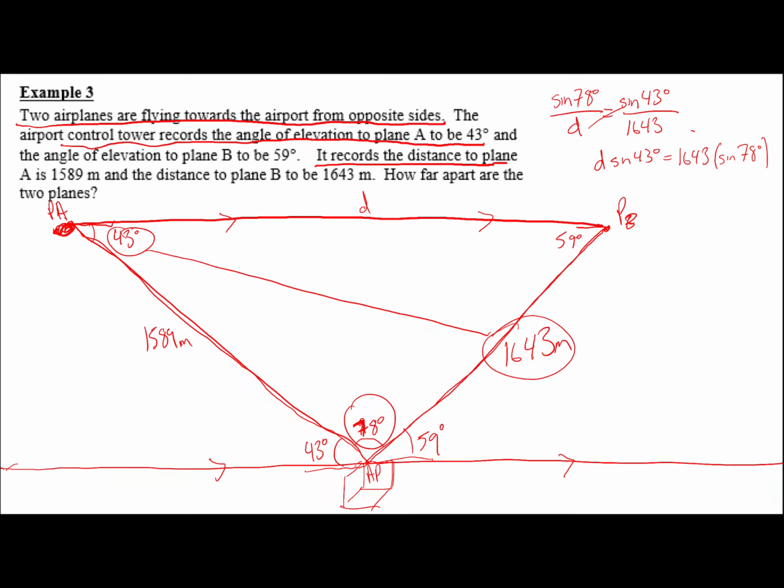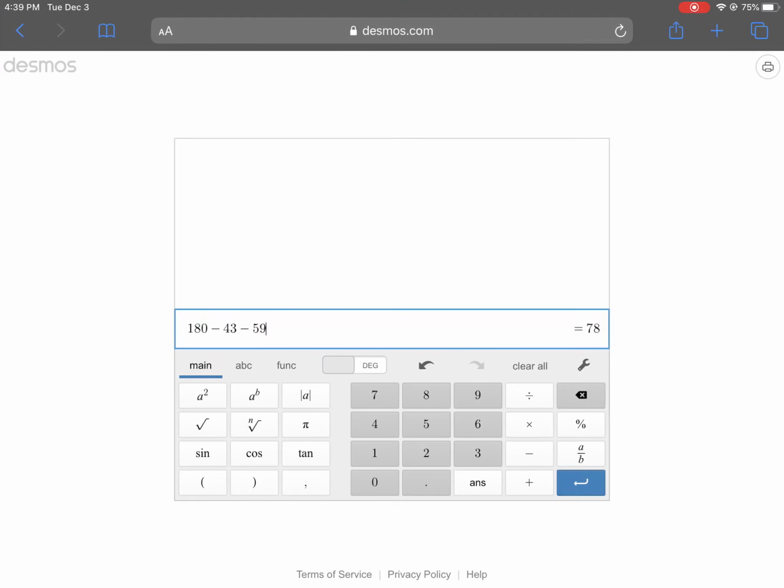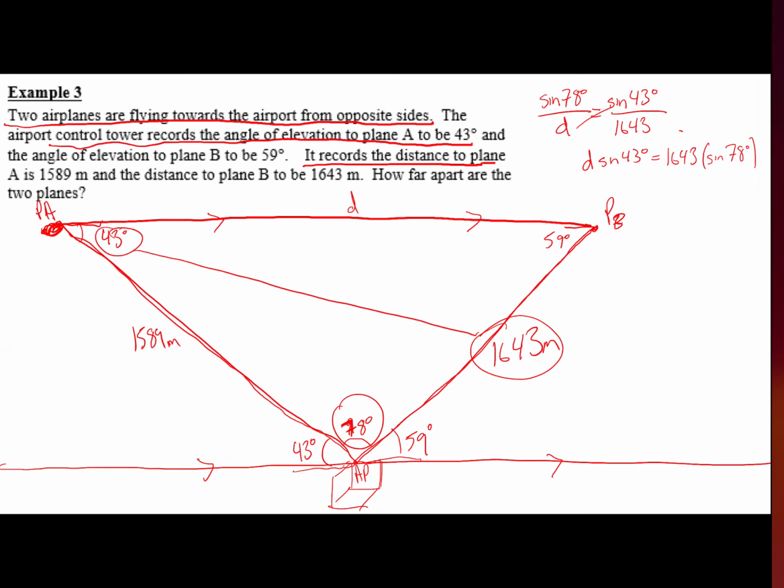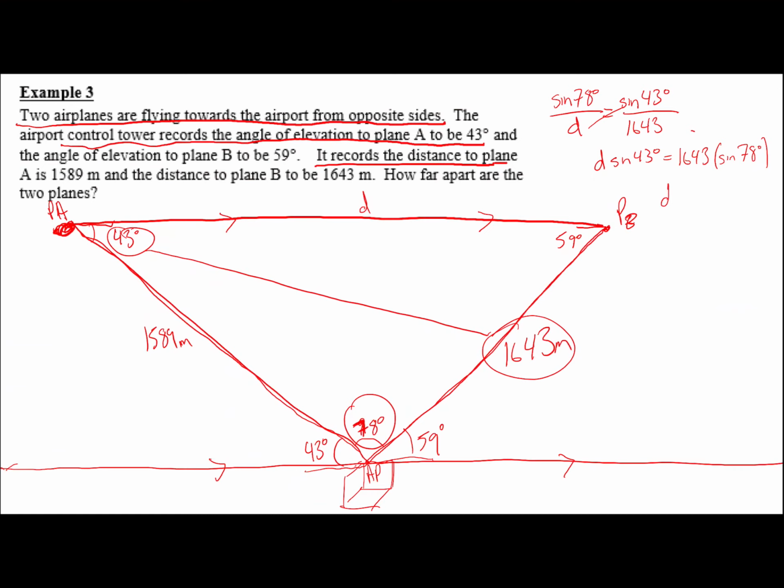So let's do that math. 1643 times sine of 78, and that is equal to 1607. So D sine of 43 degrees equals 1607.